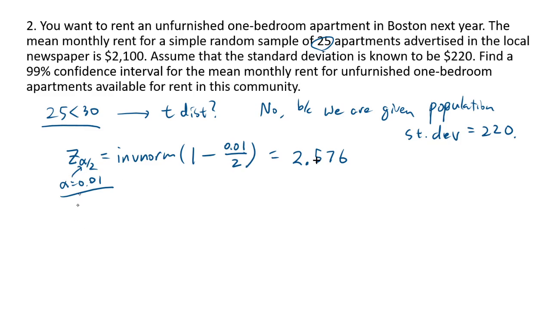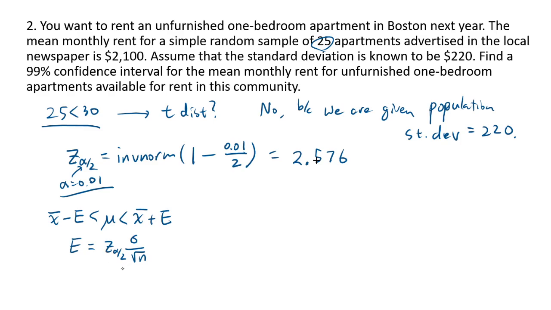And oh, I should have explained why I want this, because the reason I want this is because the population mean is at minimum x bar minus E, and at most x bar plus E, and the basic formula for the error is z alpha over 2 sigma over square root of n, where sigma has to be replaced with Sx if you don't have the population standard deviation, and also z alpha over 2 has to be replaced by t alpha over 2 if you're not given the population standard deviation nor the sample size is 30 or more.